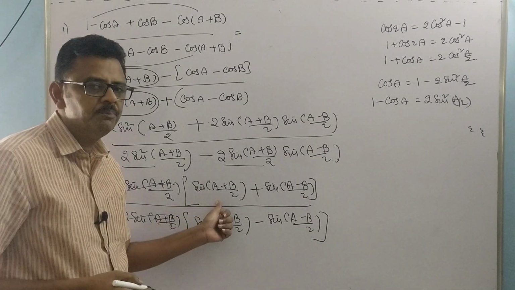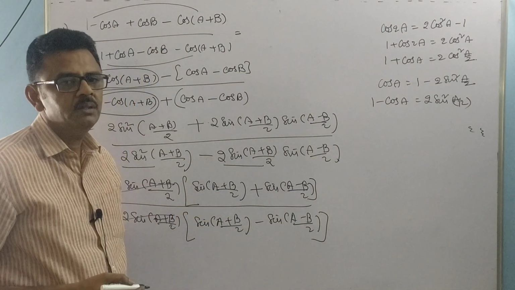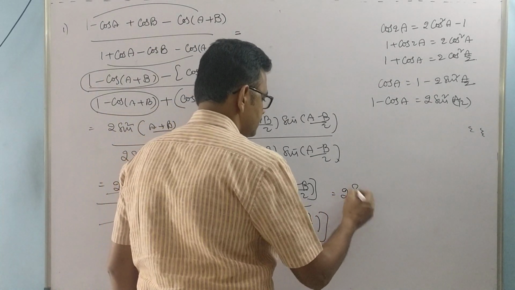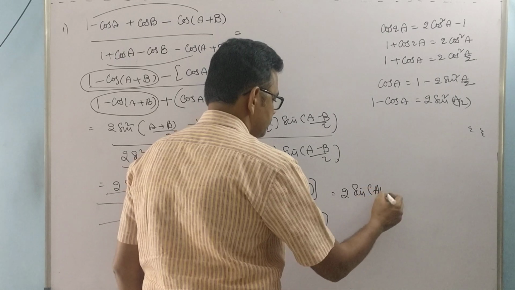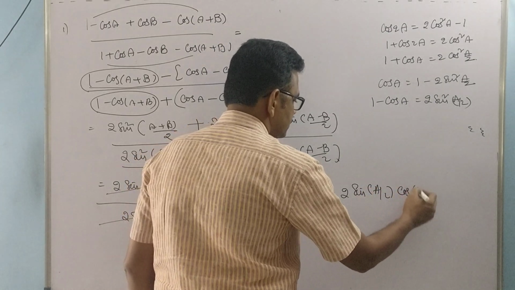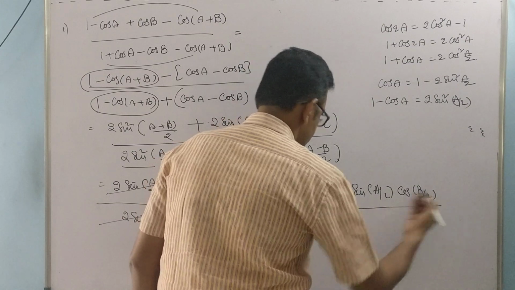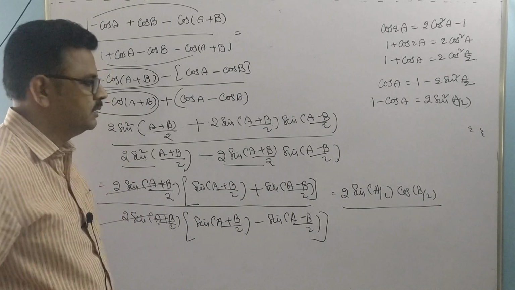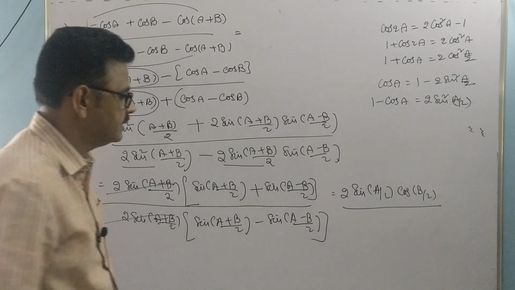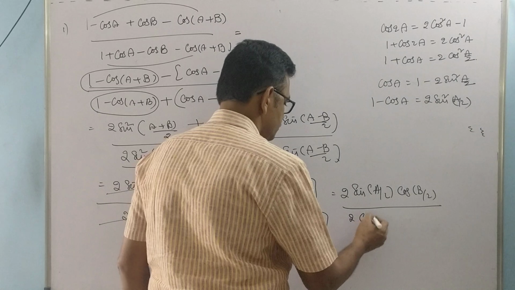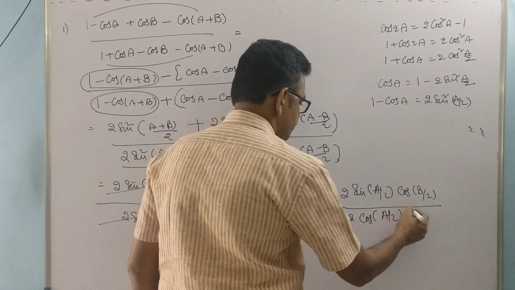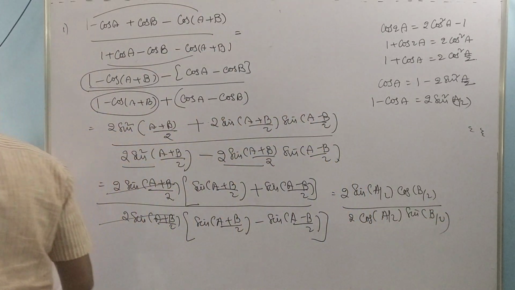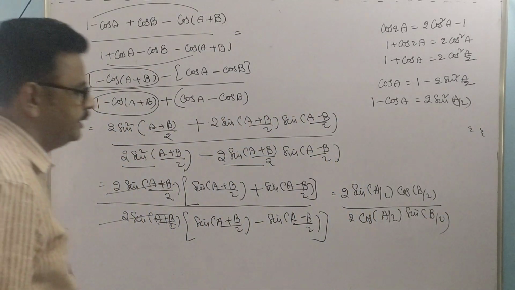Now sin(A + B) + sin(A − B) equals what? 2 sin A cos B. So this is 2 sin(A/2) cos(B/2), divided by sin(A + B) − sin(A − B), which is what? 2 cos A sin B. So this is 2 cos(A/2) into sin(B/2).